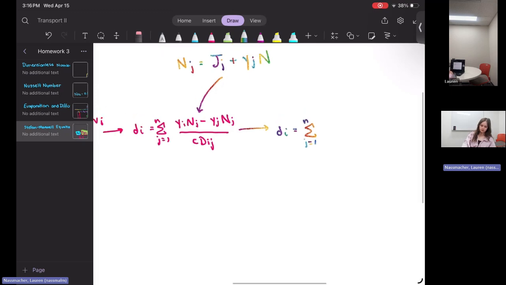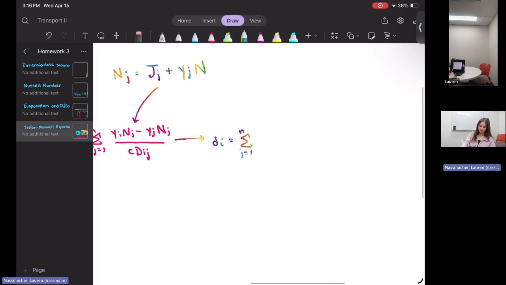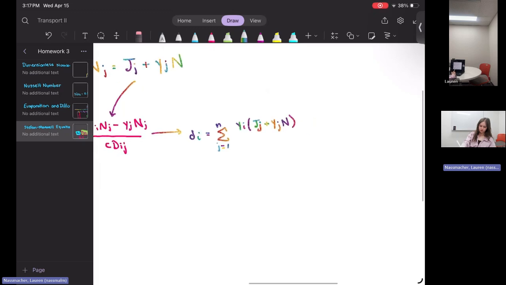And remember, you can just substitute this J in for I if we want to change it to the I part of the equation. So our mole fraction of I times our diffusive flux of J plus mole fraction of J times the total flux.